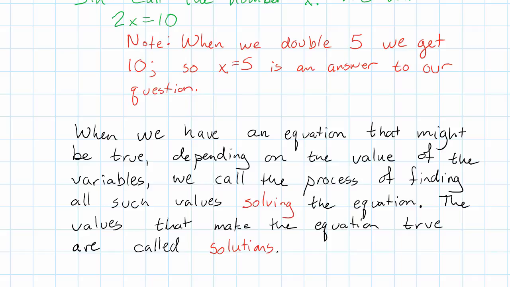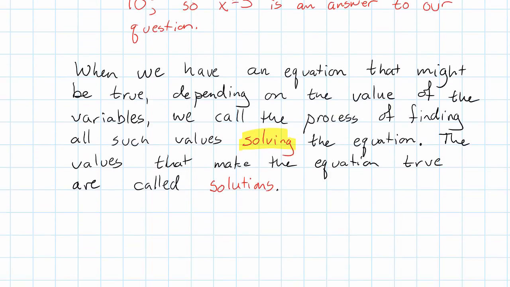So notice this verb to solve is a very specific verb with a very specific meaning. It means, here I have an equation that may or may not be true. Find all of the values of the variables that make the equation true.